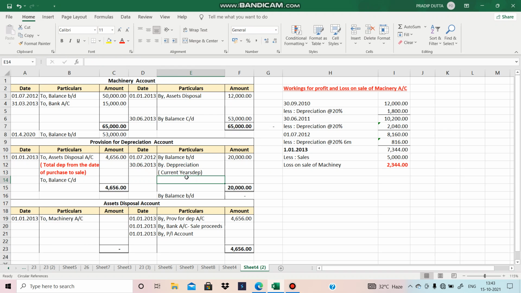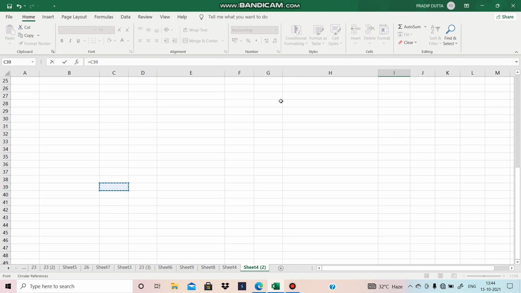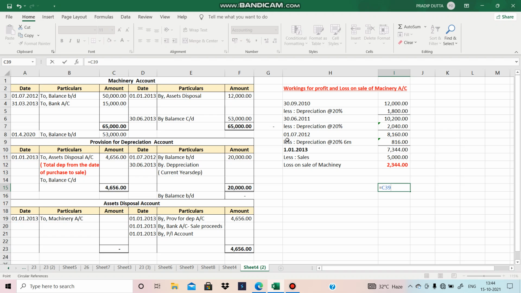And what is the total depreciation of the other machines? Very simple. As it is a written down value method, see, from the 50,000, one machine which was sold on 1st July 2012 has 8,160. So what is the remaining balance? It would be 50,000 minus 8,160.